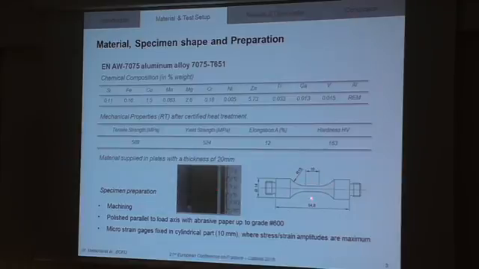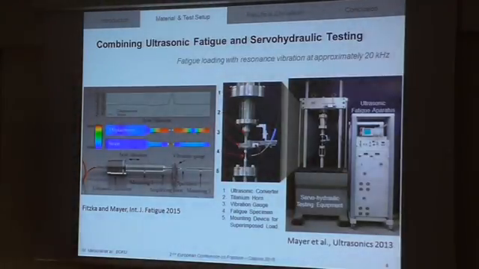The measuring cylindrical part is 10 millimeters long and has a diameter of 4 millimeters. This specimen shape is determined by the resonance condition of the ultrasonic device, as you know from the previous presentations.